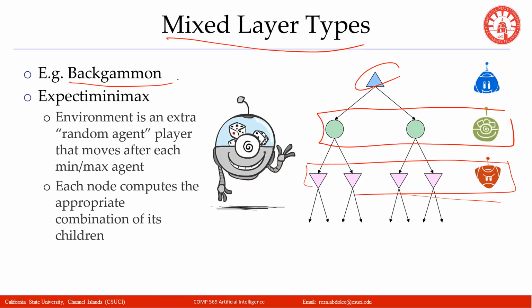Before each move, you have to roll 2 dice. You basically roll 2 dice, and based on the numbers that you get on your dice, you're going to have your next move, and your opponent also does the same. Therefore, we have here one layer of complete randomness in our search tree.